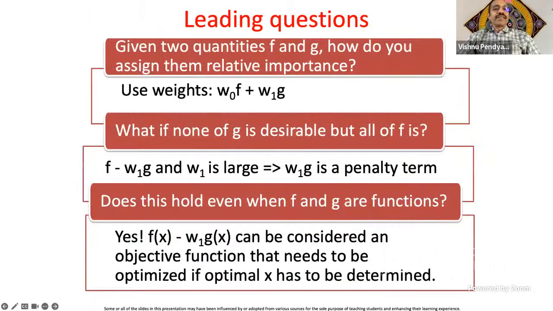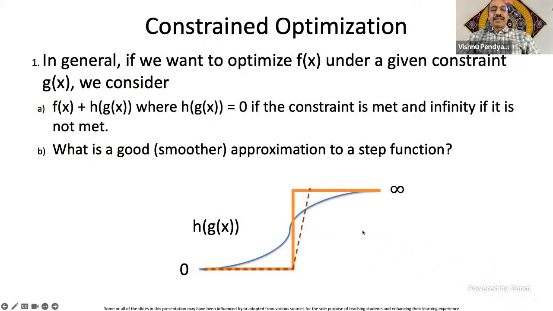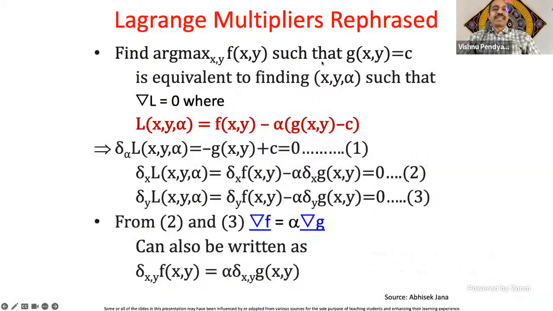So we can represent it as f(x) plus or minus a constant times g(x). So h(x) being alpha times g(x), we can represent the objective function as f(x, y) minus alpha times (g(x, y) minus c), because we are assuming that the constraint is of the form g(x, y) is equal to c.